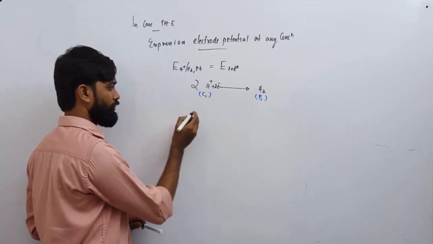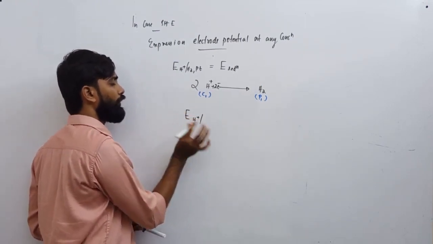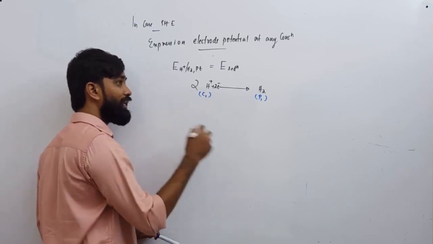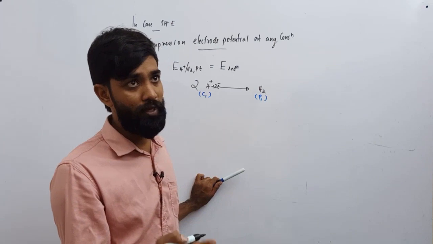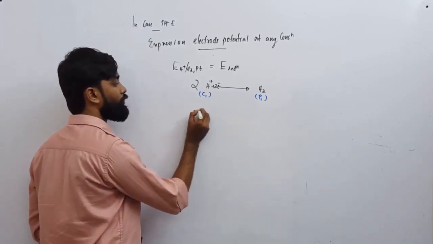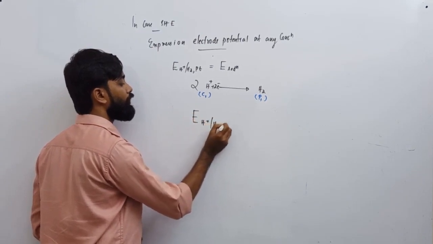So what about the Nernst equation? We know that the Nernst equation for any electrode potential is E of M^n+/M equals E0 of M^n+/M plus 0.0591 by n log. So here the expression, M^n+/M is H+/H2, Pt.